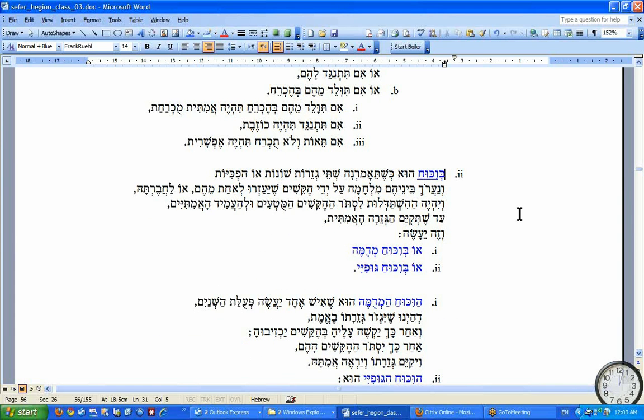He says some very, very basic things here which are very important to know. Bivikuach hu keshe te omarna shtei gezeros shonos o hefkios. When two statements are either different or opposite, v'naroch b'neihem milchama.